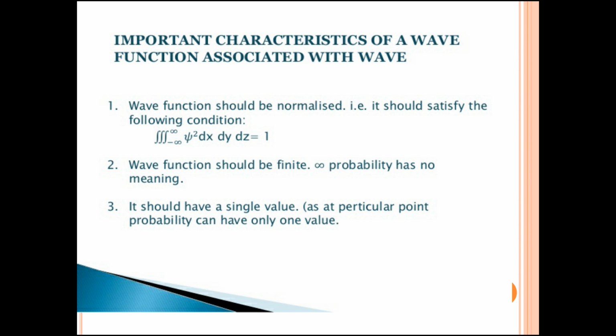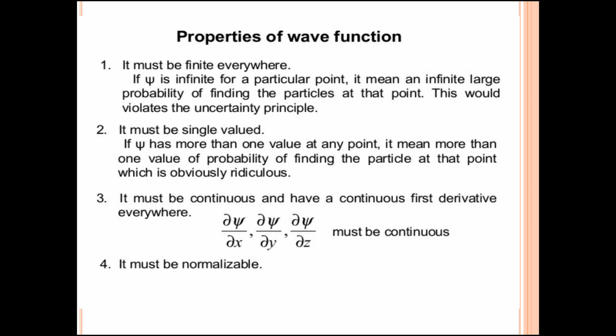Third, it should have a single value, as at a particular point the probability can have only one value. It must be finite everywhere. If psi is infinite at a particular point, it means an infinitely large probability of finding the particle at that point.